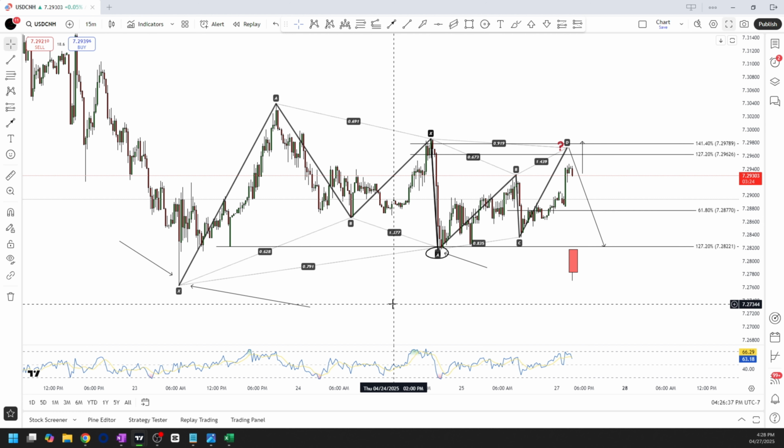All the same stuff applies. Your support, your resistance applies, your harmonic patterns apply, and if you like trading Forex or if you're into currencies, you can start taking a look at the dollar Yuan, because it's got a lot of activity. It's probably going to have a lot of activity going forward until the tariff situation is completely sorted out.